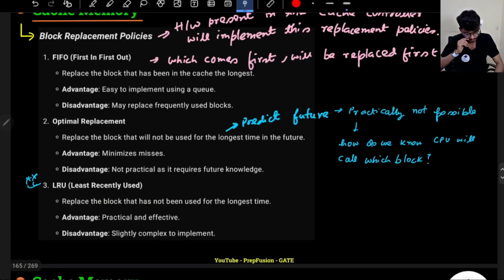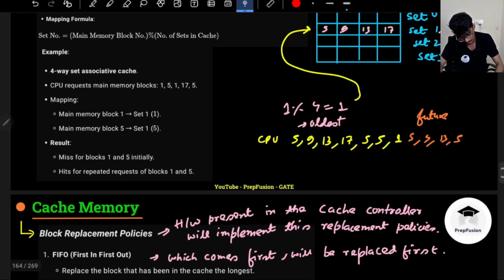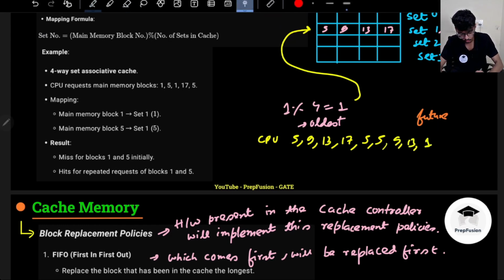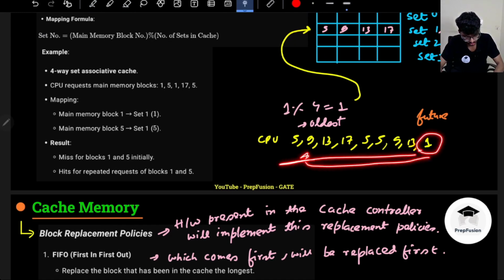Okay. So here, let's see. Let's say before the one call I am calling 9, and then I'm calling 13, and then I'm calling 1. If I call 1 here, I have to check in the previous calls which one was called the least in the CPU request.